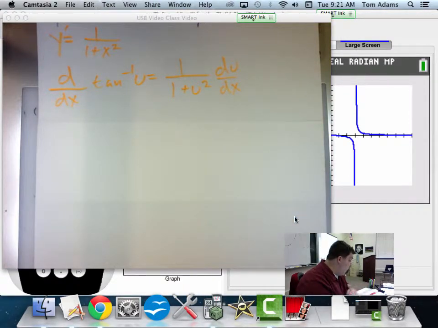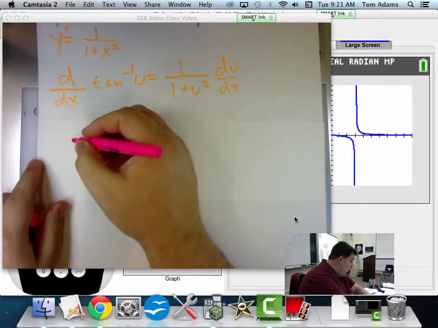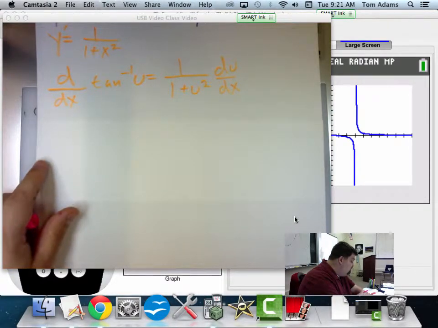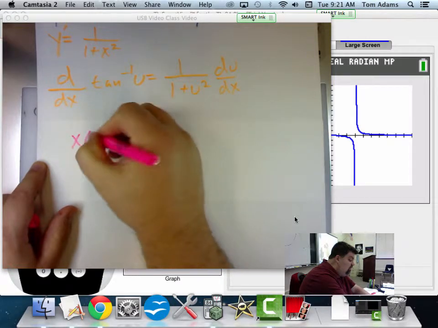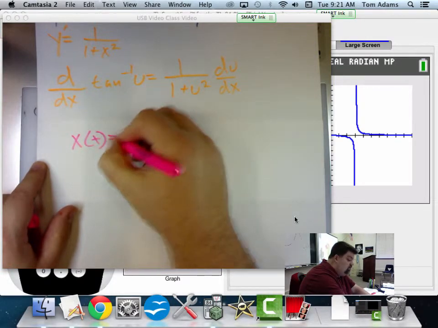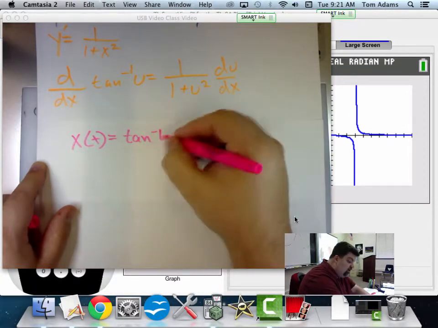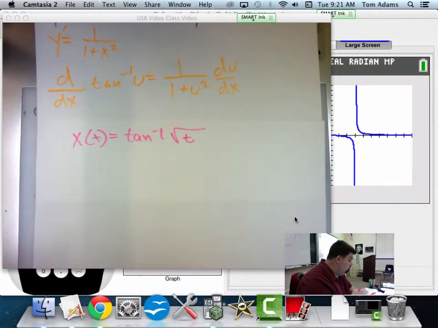So the actual example problem number 2, let me just read it right out of the textbook. It says a particle moves along the x-axis so that its position at any time t greater than 0 is x of t equals arctan of the square root of t.